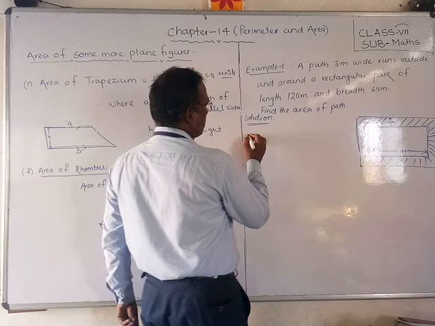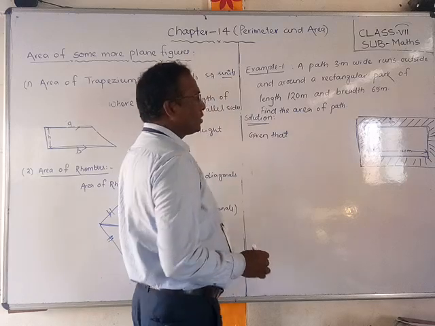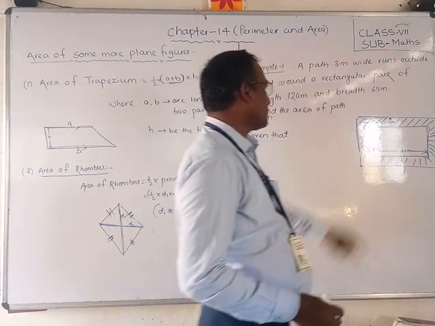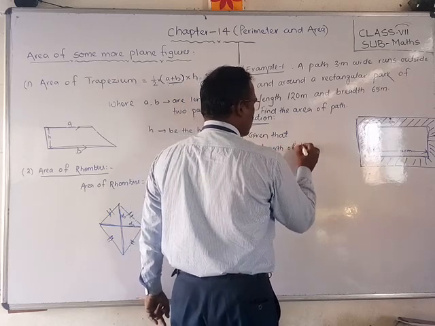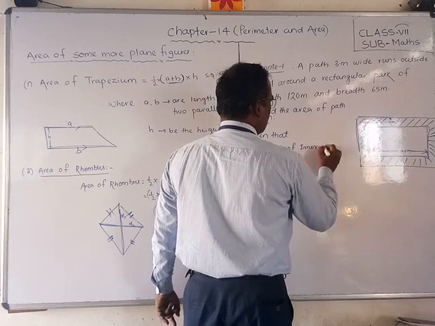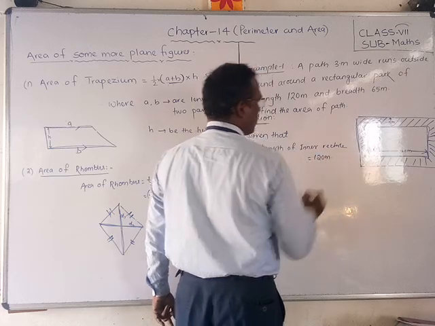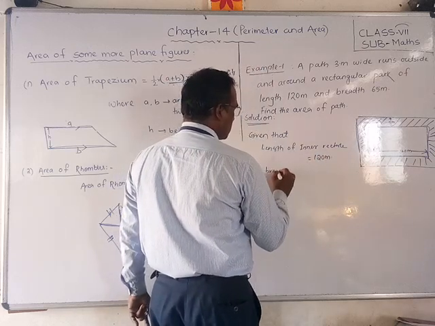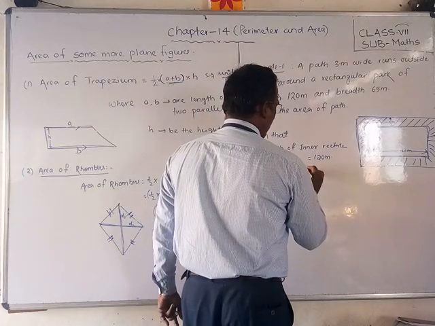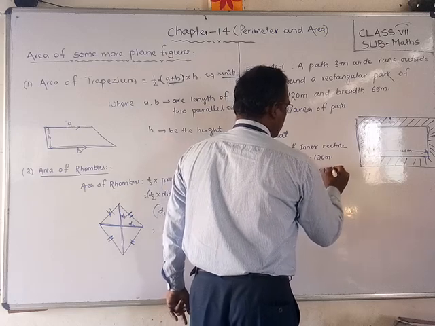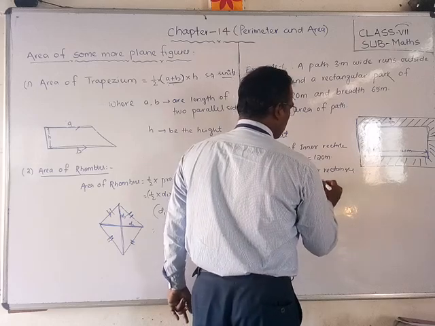So first, given that, we take the inner rectangle. Length of inner rectangle is 120 meter and breadth of inner rectangle is 65 meter.